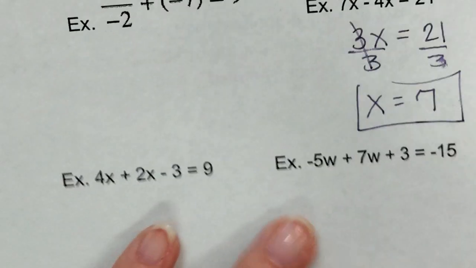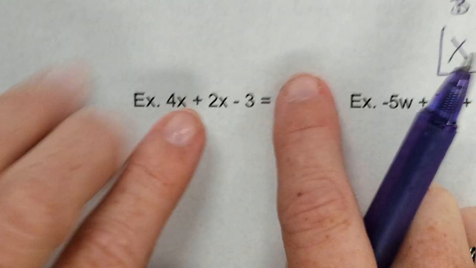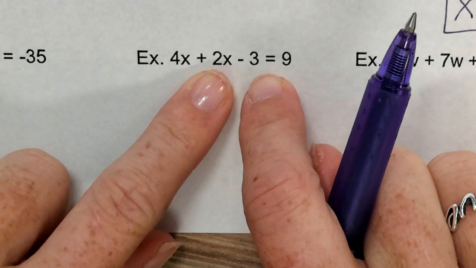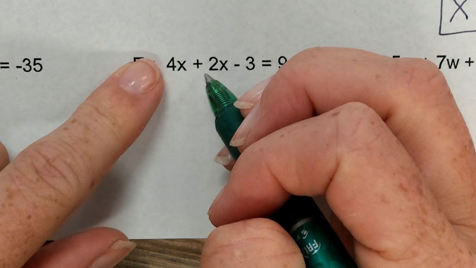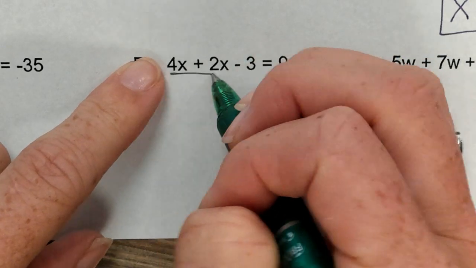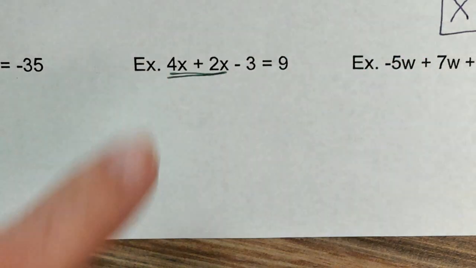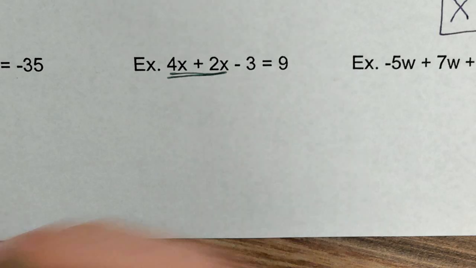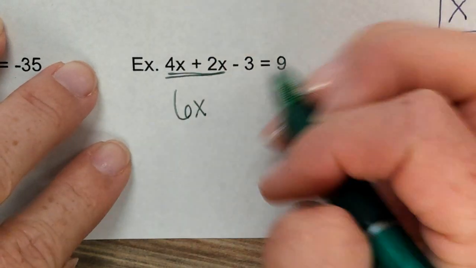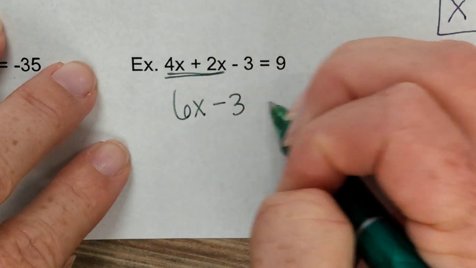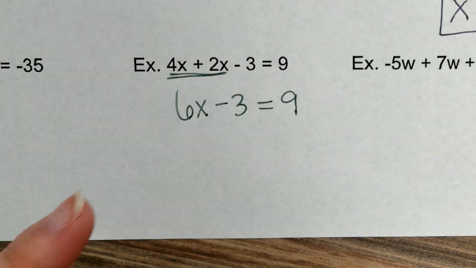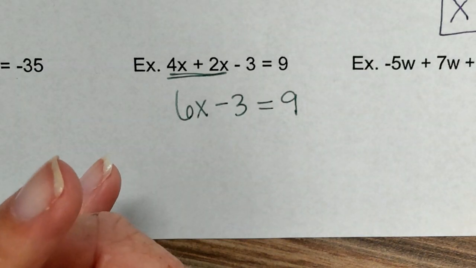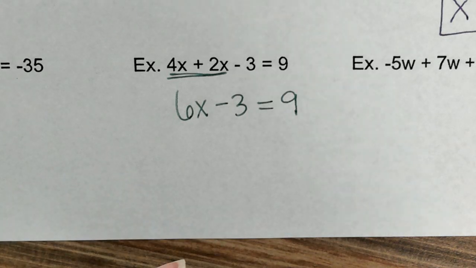Okay, let's skip. Let's go to the middle bottom one. This way. Are there any like terms? What are the like terms? What is 4x plus 2x? So I have 6x minus 3 equals 9. Is there a constant?